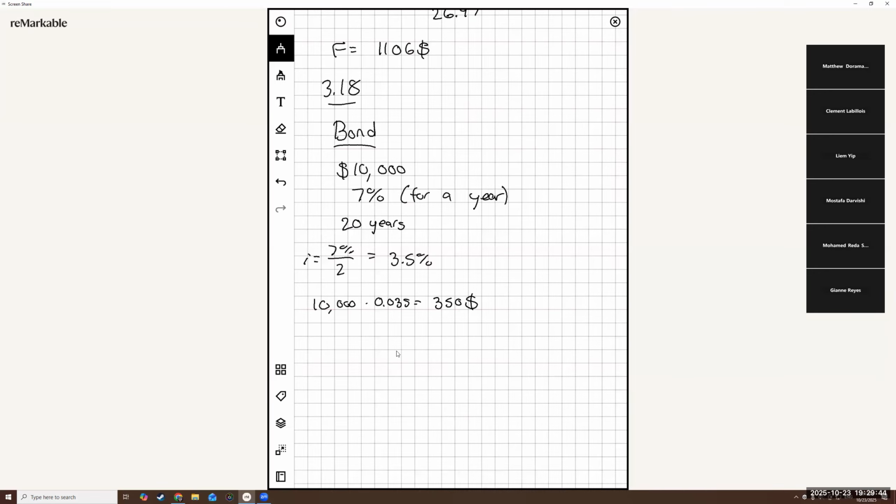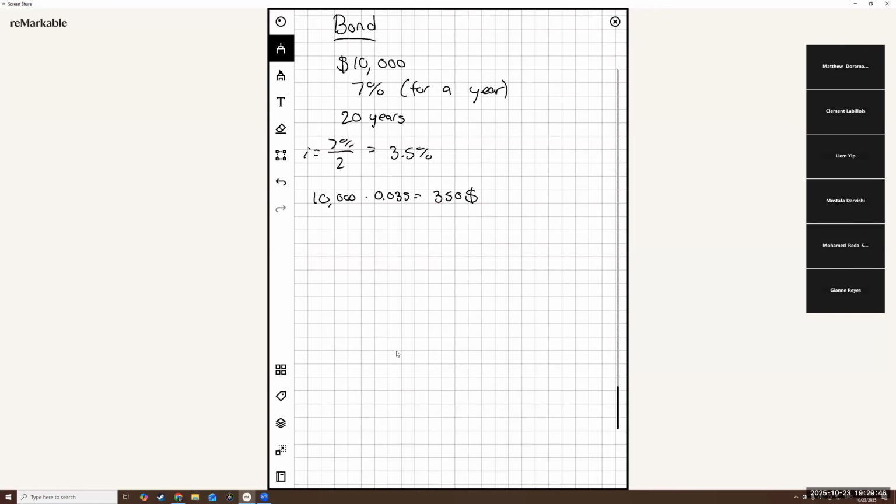Okay, so what does that mean in a language that we can understand and analyze? That sounds like you have an annuity, $350, for how many payments? Semi-annually for 20 years, so 40 payments. And after 20 years, you get $10,000.